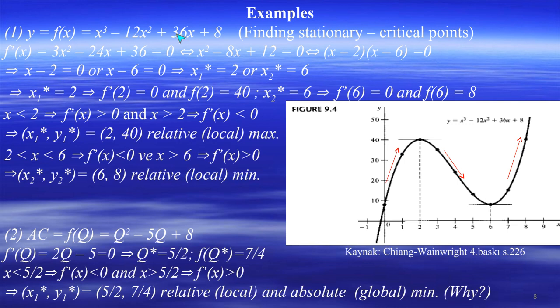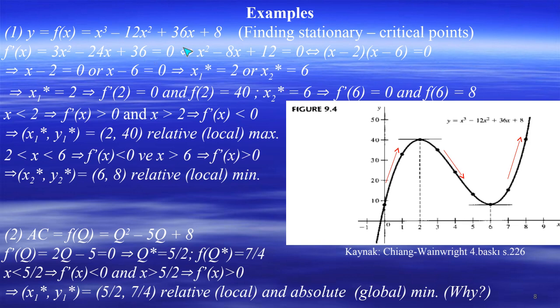We can also put them in the function, in the primitive function, and obtain their y values, y1 star, y2 star. When you put 0, it is obvious, you obtain 8. y1 star is 8.